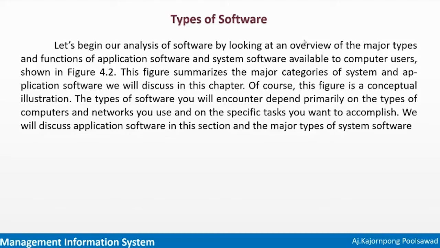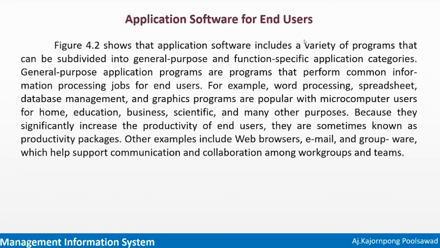Okay, the first one is the major types of function that application software is available to use. We talk about application software for the end user, which we are focused on.